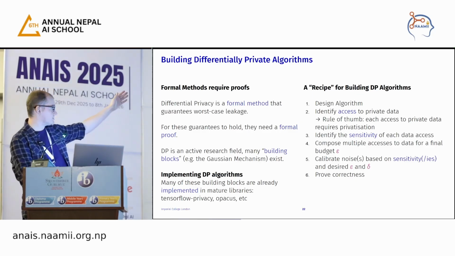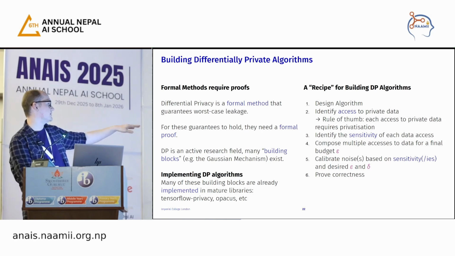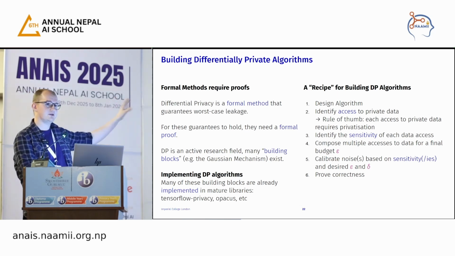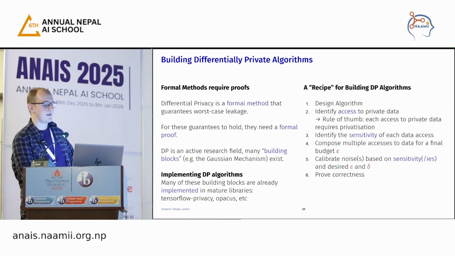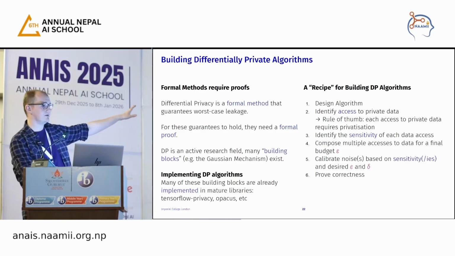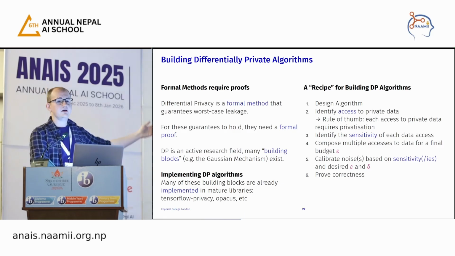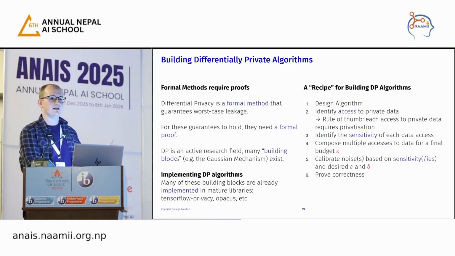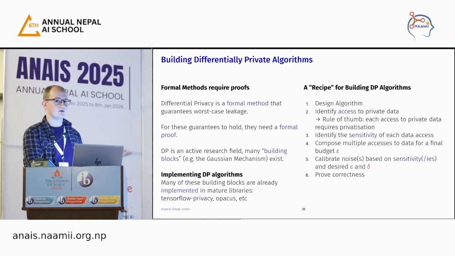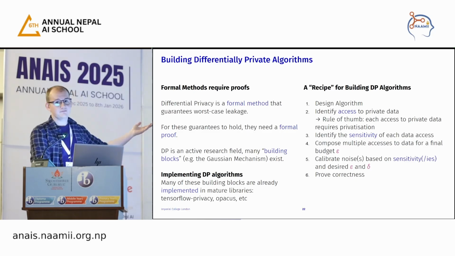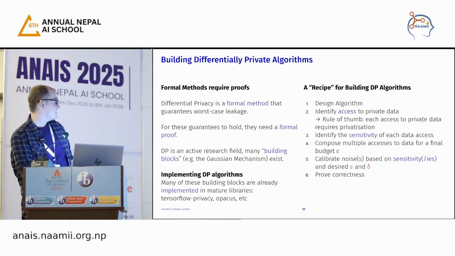And then you compose all these accesses in order to obtain a final budget, and how each of the accesses relates to the final budget. Then you calibrate the noise that you need to add during each of these accesses, based on the sensitivities that you have obtained, in order to obtain the desired epsilon and delta that you want to guarantee. And then you prove that what you have done is correct, right?